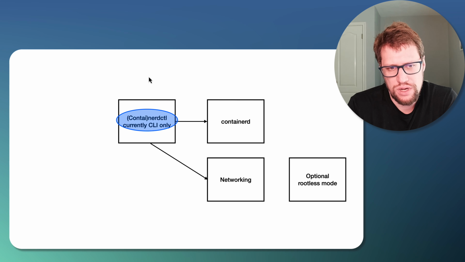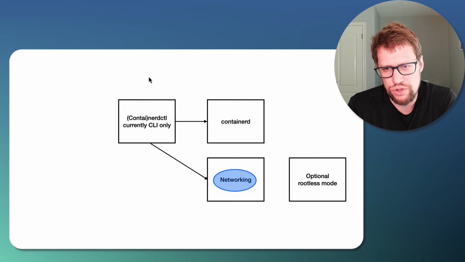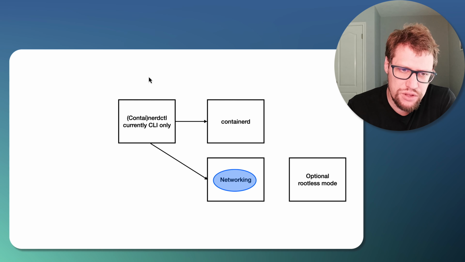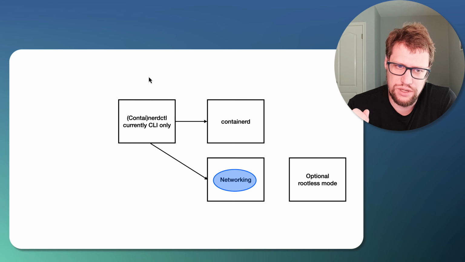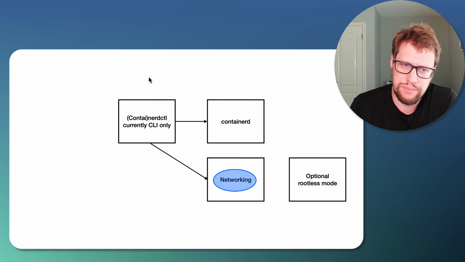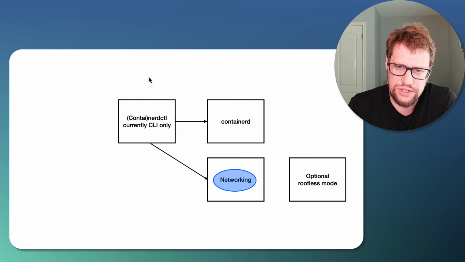You just do nerdctl run, Docker container or network create and so on. Nerdctl will communicate with containerd for you, and it will also do the networking. So it has some kind of hooks to then do the IP tables, the IP addressing, interfaces, and so on.